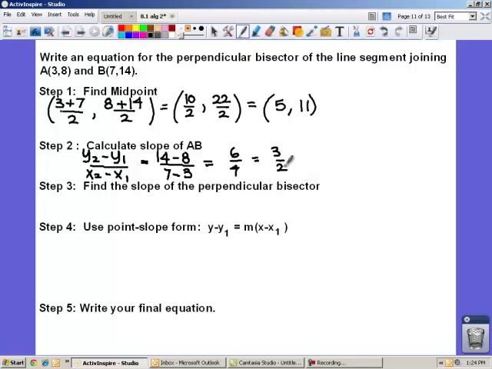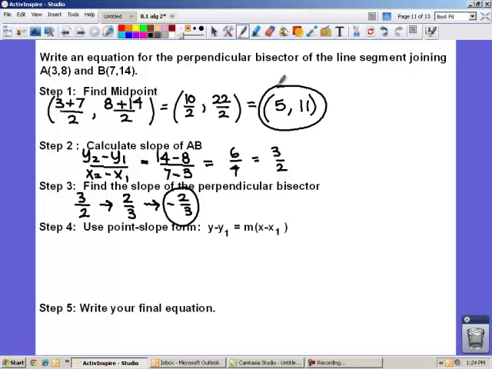Now, to find the slope of the perpendicular bisector, we're going to take the slope that we just found, and we're going to flip it, and we're going to change the sign. So now it becomes negative 2/3. So we're going to use this to figure out the equation of the perpendicular line segment.